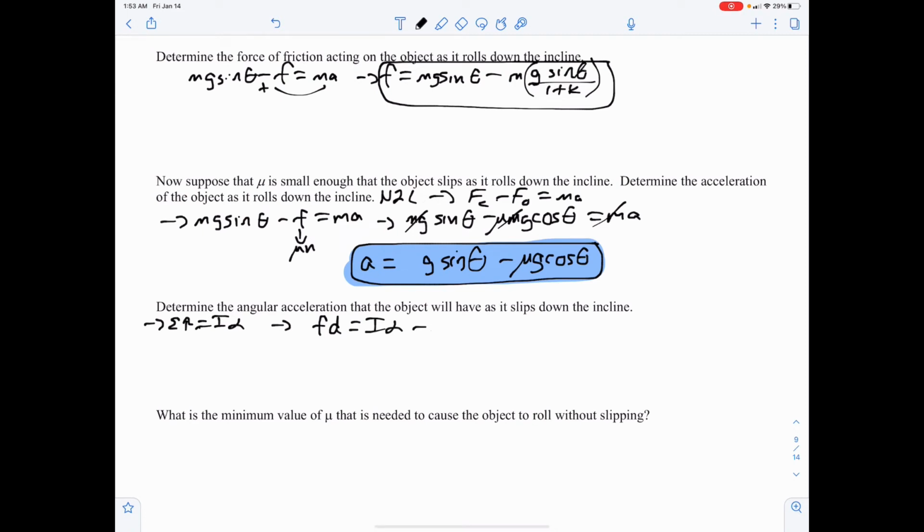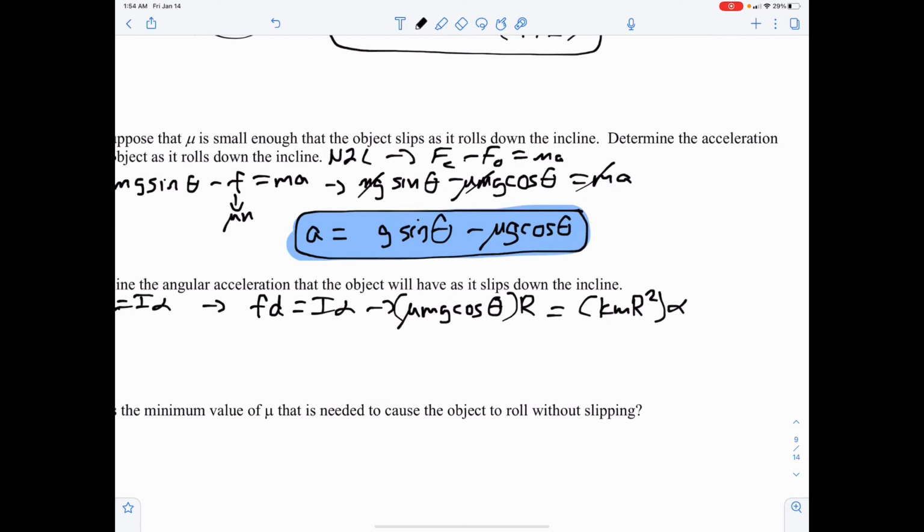Now the friction force is mu mg times the cosine of the angle times the distance, which is radius r. That's going to be equal to k m r squared, that's I, times alpha. And you're solving this thing for alpha.